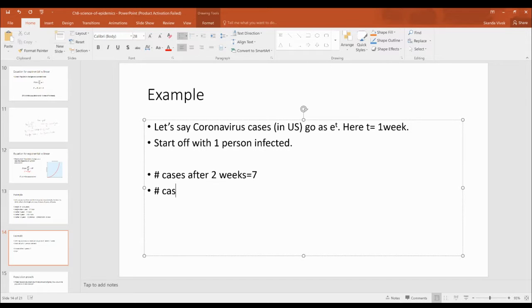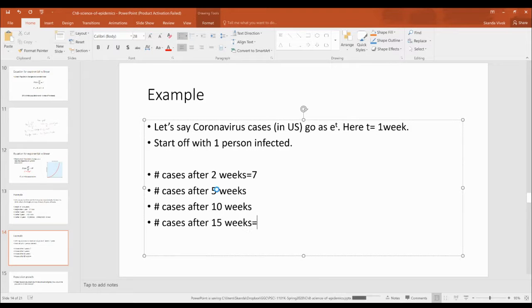Now let's say number of cases after 3 weeks. No, you know what? Let's just do it. I'm not going to do after 3 weeks. So let's see now what happens. Tell me what's after 5, after 10, after 15.